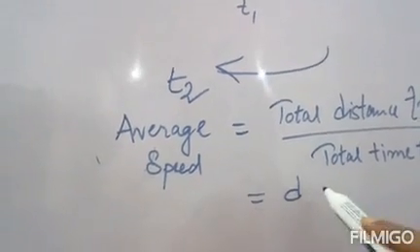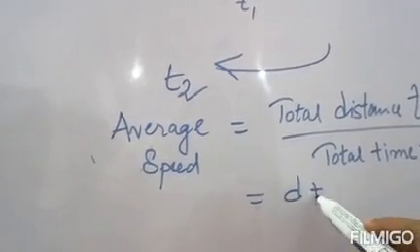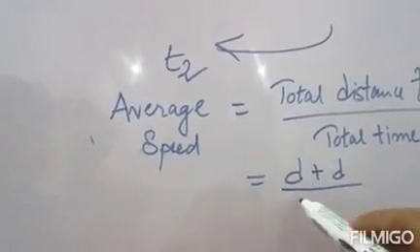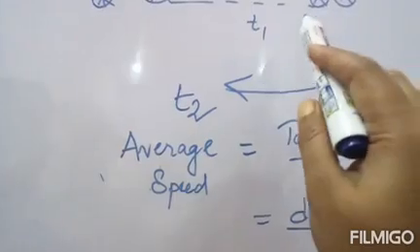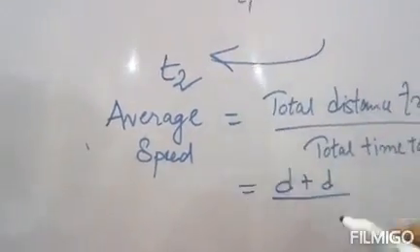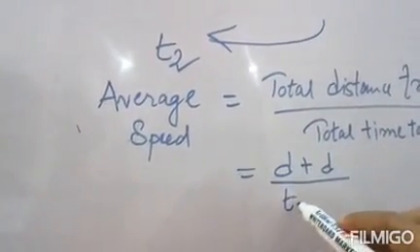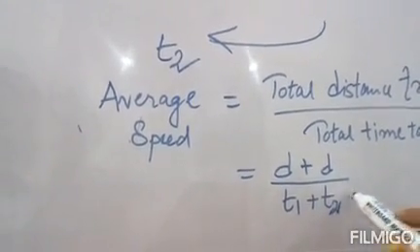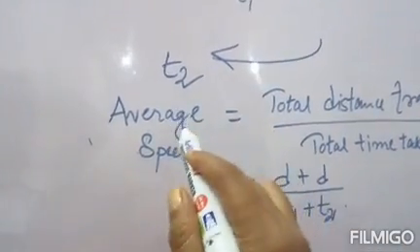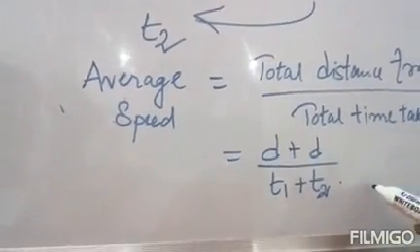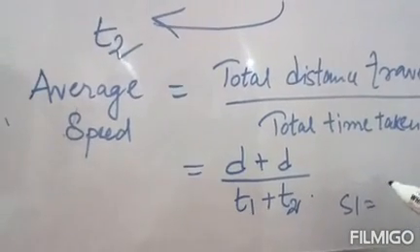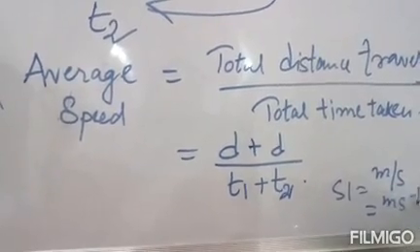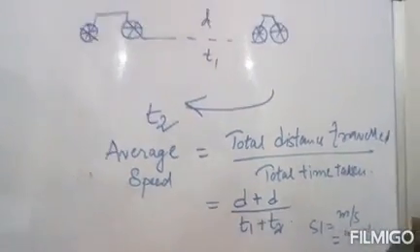So your onward distance will be d, then your returning distance will also be d. And what will be your total time? If your onward journey was t1, your return journey was t2, so it will be t1 plus t2. Understood? And as this is speed, its SI unit will be again meter per second or meter second to the power minus 1. Understood?